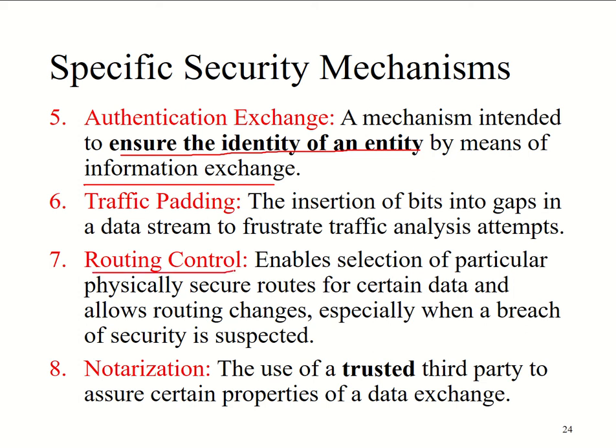We have routing control. A physical example of how to control: if you want to go to Muscat, for example, you have different ways to go. So routing control specifies the route for the message to go based on security issues. All right. So which is the safest and most secure route to Muscat, for example.